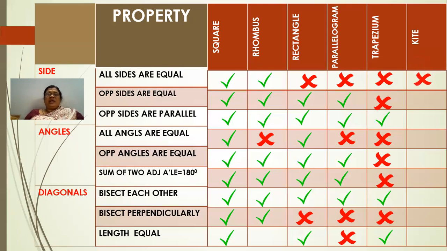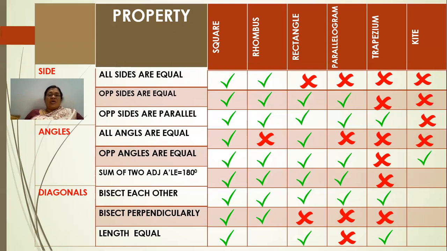Now, regarding the kite, are all the sides in a kite equal? No. The adjacent sides will be equal. And when you look at it, the diagonal will divide the kite into two isosceles triangles. So the adjacent sides will be equal in a kite. Are the opposite sides equal? No. Are the opposite sides parallel with each other in a kite? No. Now about the angles. Are all the angles equal in a kite? No. Opposite angles are equal? Yes.